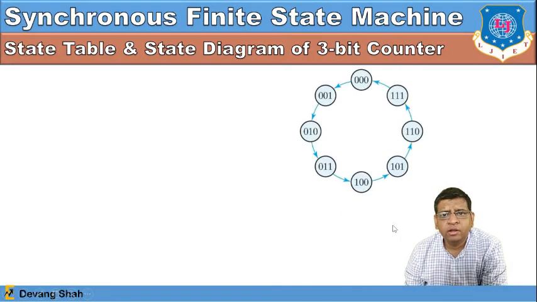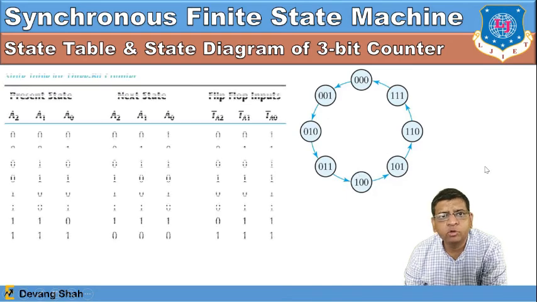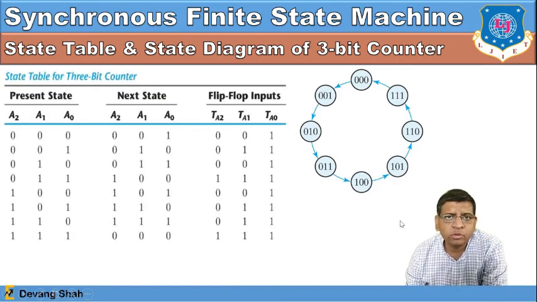Same way, if I want to go for a 3-bit counter, I'll start with 0 0 0 and end with 1 1 1. So this is a counter where the first count is 0 0 0, 0 0 1, 0 1 0, 0 1 1, and that way it goes up to 7. Based on that, I can use T flip-flops, and based on the excitation table, this is the present state 0, this is the next state 0, and you can evaluate the output, and this 0 you get from the excitation table.